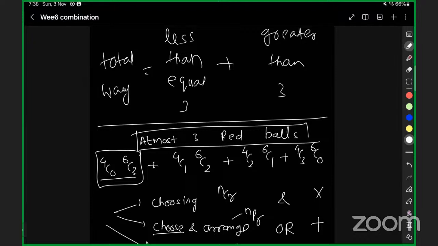Sir, I'm at this video right now. So at this question, nP4 is equal to 20 times nP2.